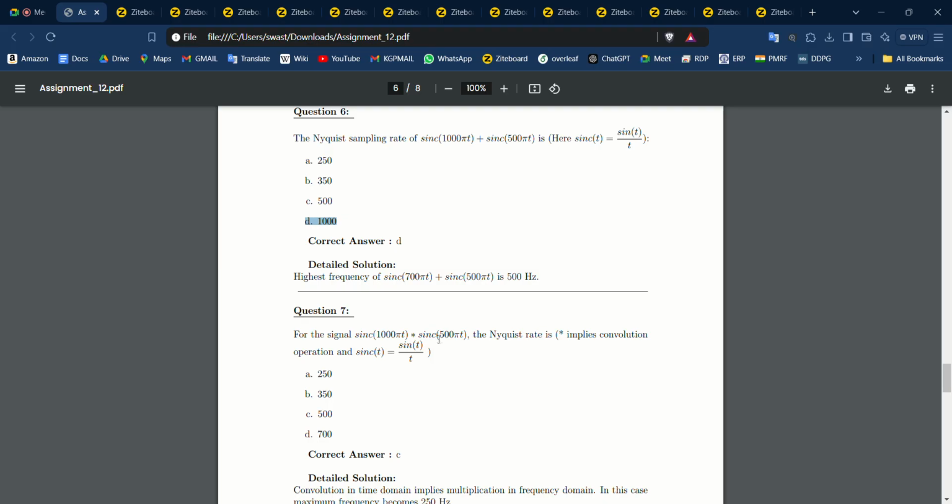For the signal sinc 1000 pi t convolved with sinc 500 pi t, where this symbol implies convolution operation, what is the Nyquist rate?